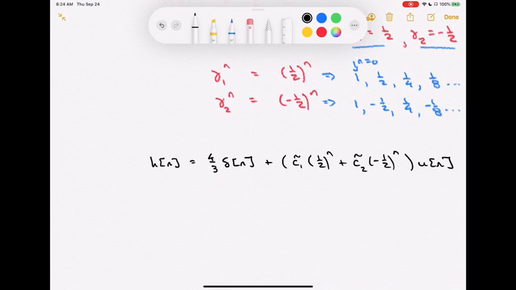So I have a pretty good idea of the general form of this thing. I just need to find the particular values, C1 tilde and C2 tilde. How do I get them? One way is if I knew a couple of values of h of n for which those C values were present. The u of n doesn't allow those C values to come in until n greater than or equal to 0.